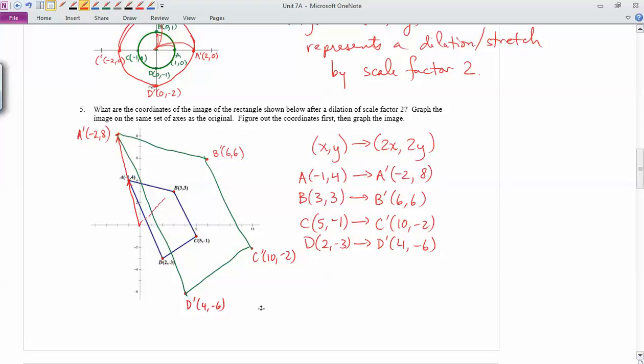So when you trace out a segment to B, if you just double it, you get to B prime. And if you trace out something to C and you double it, you get to C prime. Same thing with D and D prime. You still get something twice as big, just not centered around the original shape. Not every time, unless the original is centered at (0, 0). Okay, so there's 5.